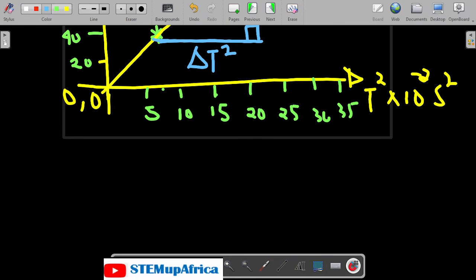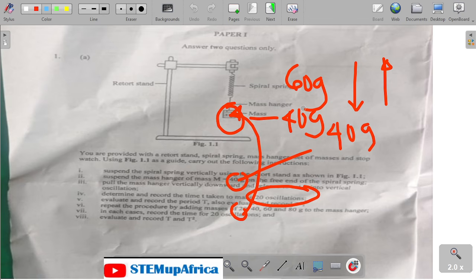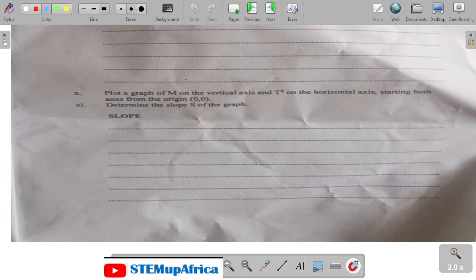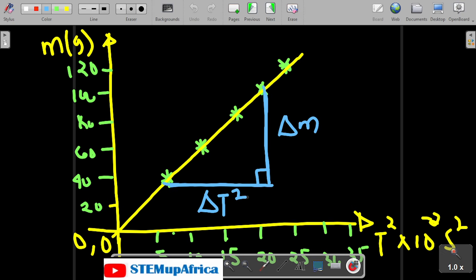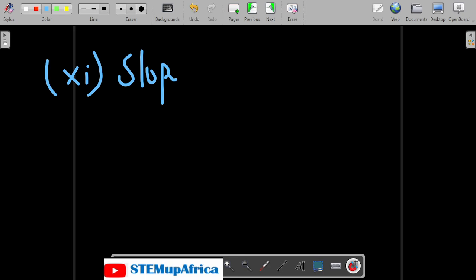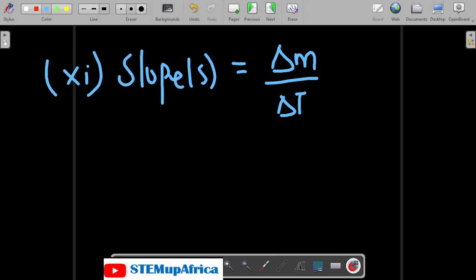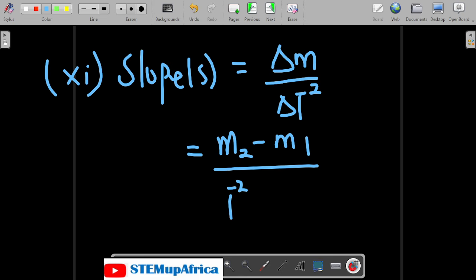So how do you determine the slope now? My slope, which is question xi, I will write slope, open bracket, x, is equal to change in m over change in t squared, which is m2 minus m1 over t squared 2 minus t squared 1.